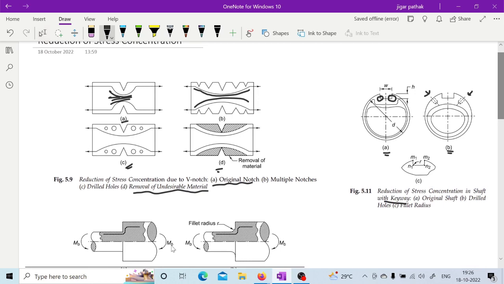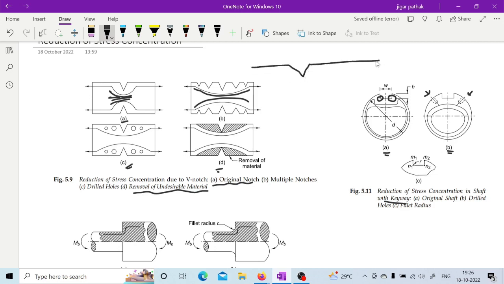Actually, in that case, as we have seen, this particular stress line will try to be uniformly distributed in this area, while previously, if you have only this kind of discontinuity, the stress line comes till here, all the stress lines come like this, and at this point they will try to go this way, so a more dense stress line will be there.